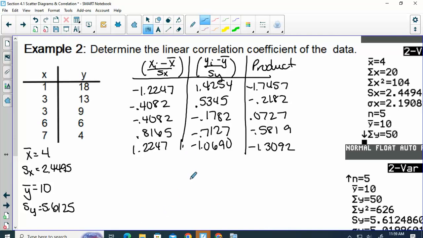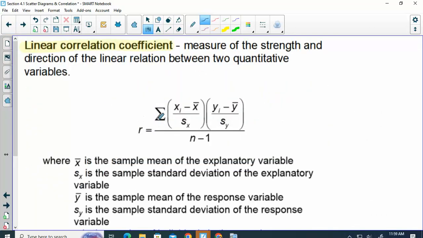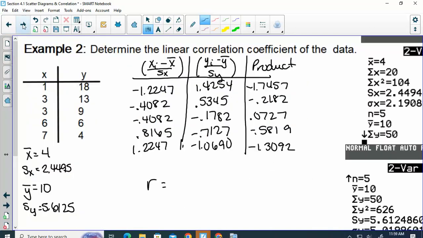So now to find R, look back at our formula. R is the sum of those products divided by n minus 1. So now we add all of those up.